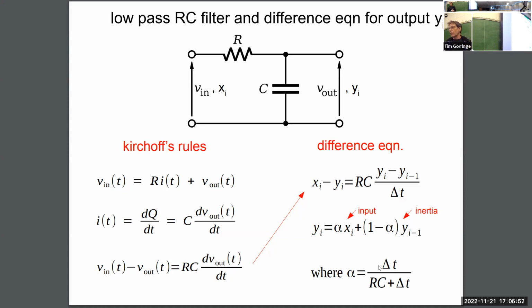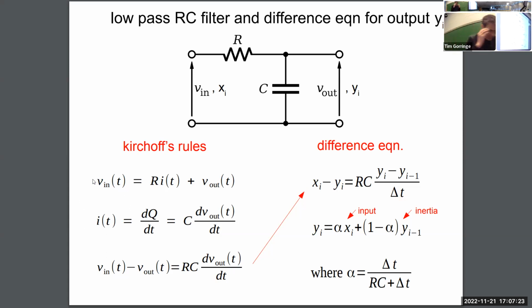And over here on the right-hand side, this is the equivalent in the digital world for the low-pass RC filter. So this is how we formulate a low-pass RC filter in the digital world. We're just going to walk through the familiar and then take this step into the new over here.